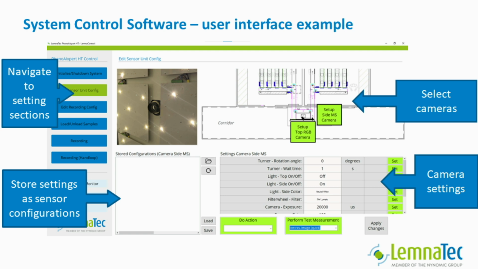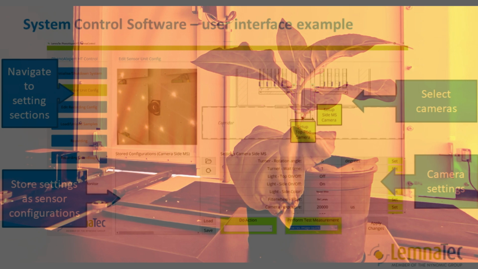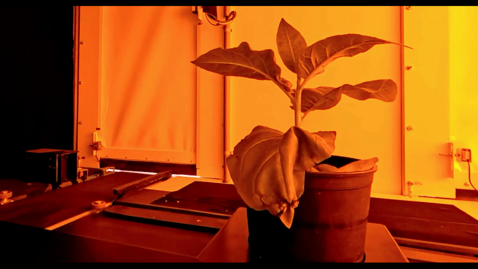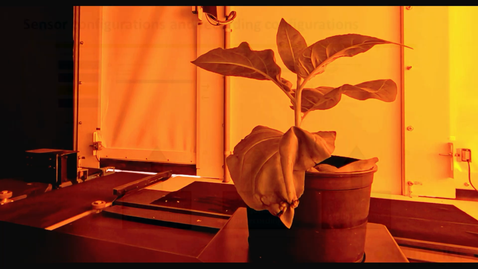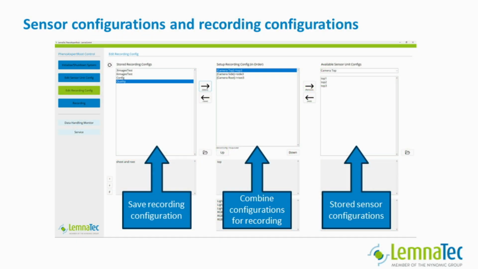As different cameras require different lightings, light options are available for each of the cameras in the system. To adjust camera settings, place a plant inside the imaging cabinet so that you can see how the configurations turn out into an image. In the next step, camera configurations can be combined to recording configurations and stored to be used in the later image recording.